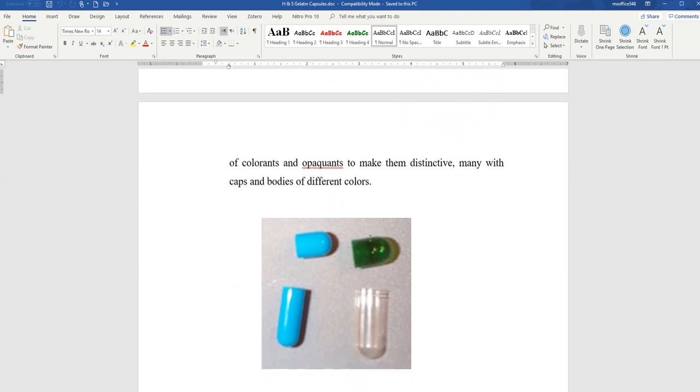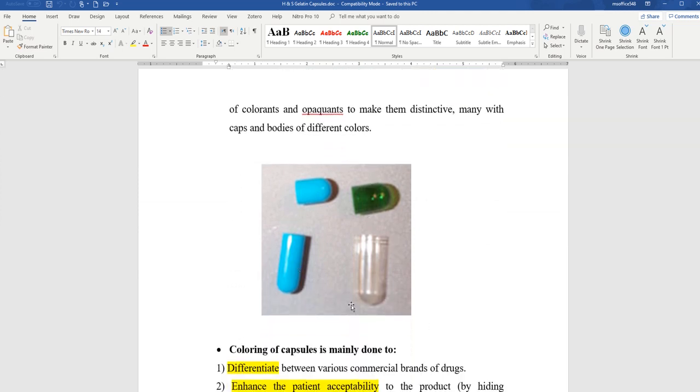Of course, if you look at this figure, you will see here the body of a capsule shell that is transparent. It means we did not add color, no color, and we do not have opaquant agent. On the other hand, look at the cap here. We have color, which is green color, but we don't have opaquant agent because light can pass through. Look at this body and this cap.